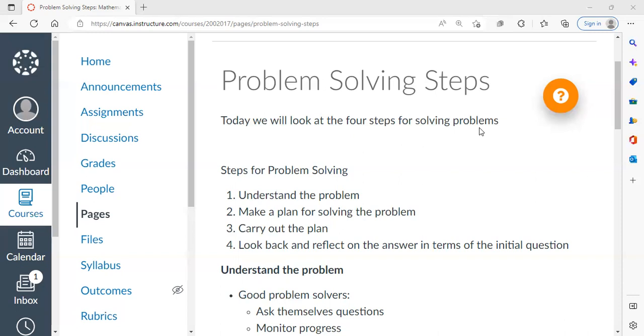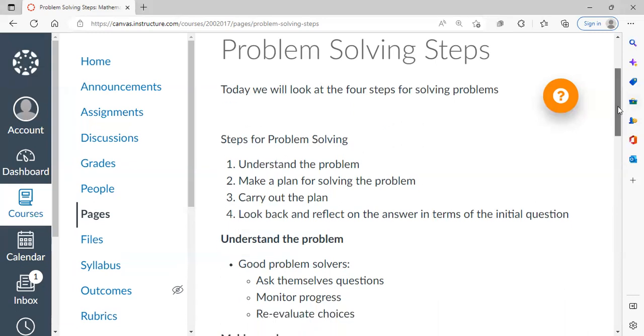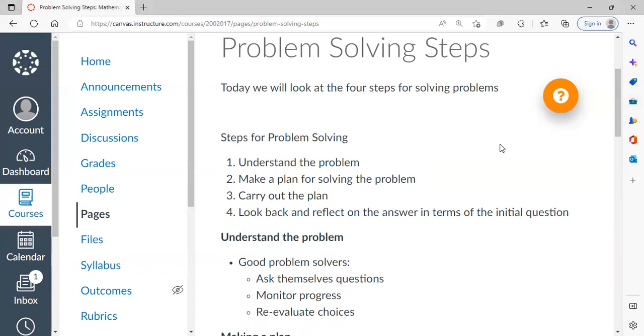Just to understand it, miss. Very good, Gavin. So that's the first step in the problem solving process. A lot of students do not know that, but the first step is to understand the problem.